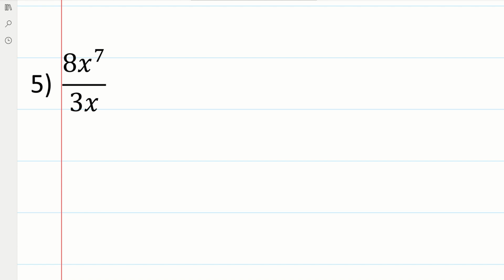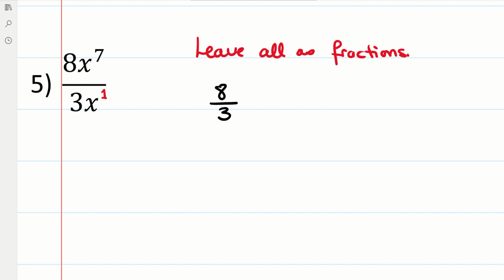And this is also a division. And you don't put anything as decimals, you leave everything as fractions, okay? So leave all as fractions. So if it's not a whole number, you leave it as a fraction. 8 divided by 3 is 8 over 3. And then x to the power of 7 divided by x is x to the power of 6.